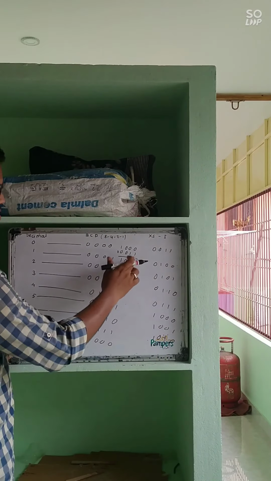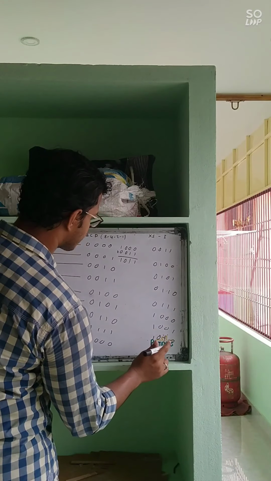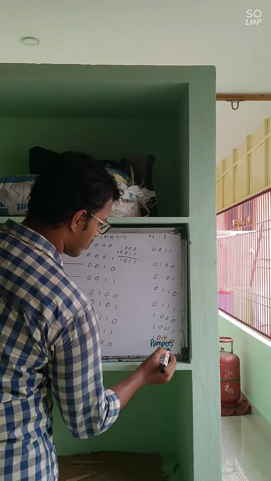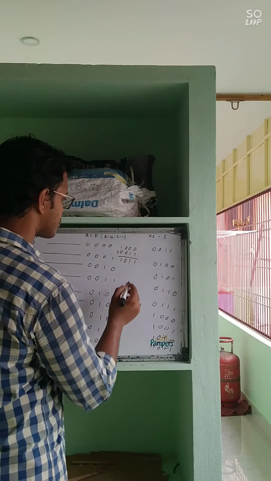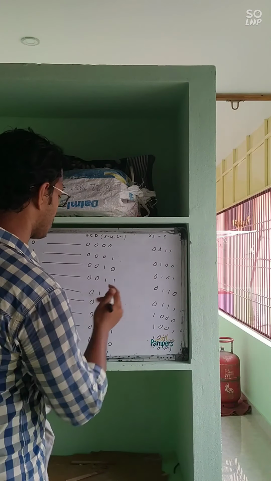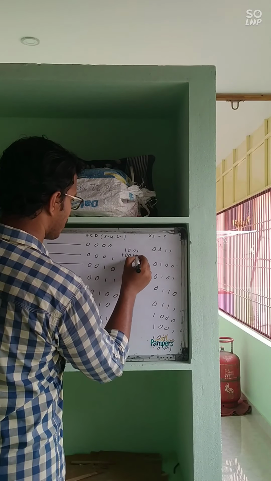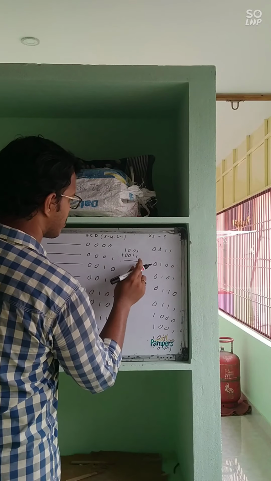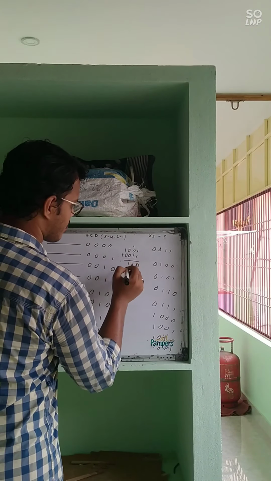So 8 plus 3 means 11. 9 means 1 0 0 1. 1 0 0 1 plus 0 0 1 1: sum is 0, carry is 1, then sum is 0, carry is 1, so 1 1 0 0.